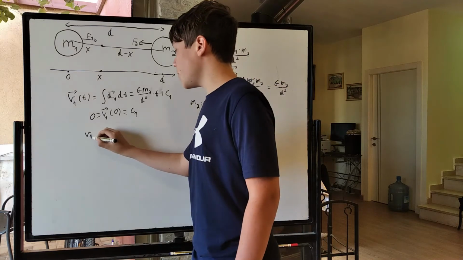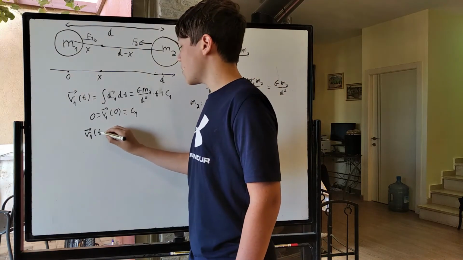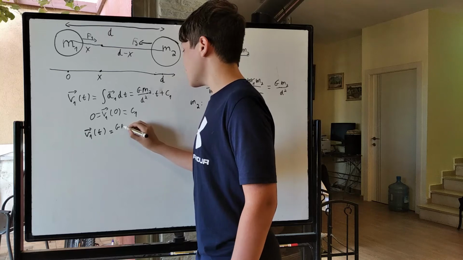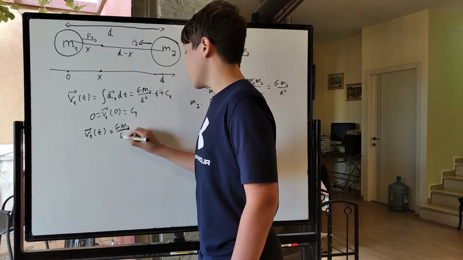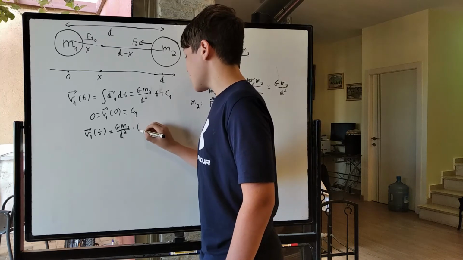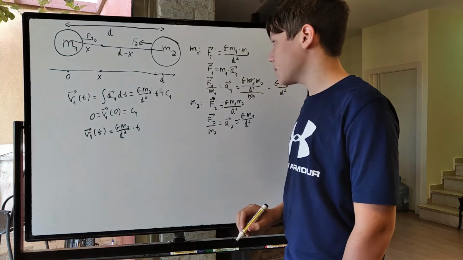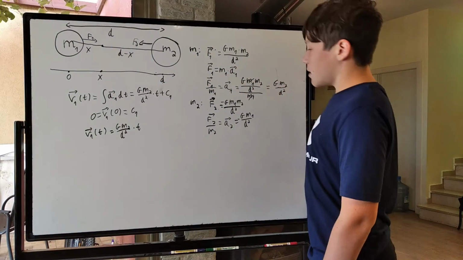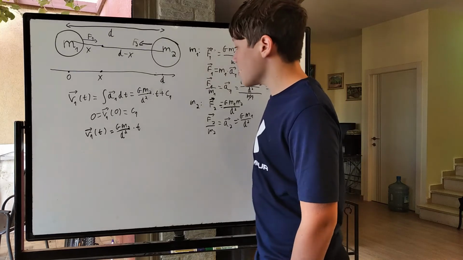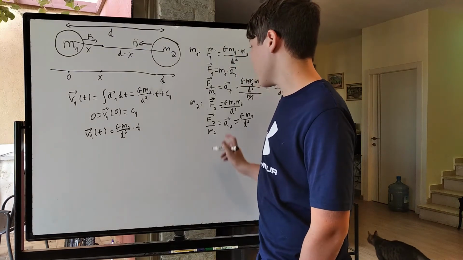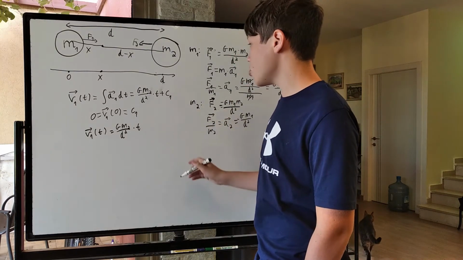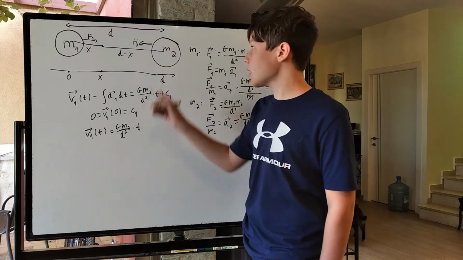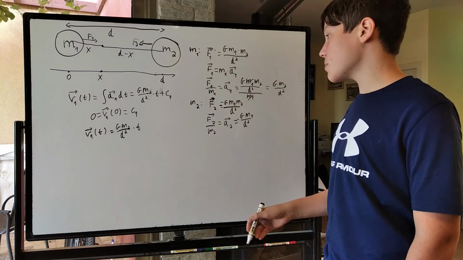So v1 with respect to t is G m2 over d squared times t. And we can do a similar process for m2 to find the velocity of m2 with respect to t.